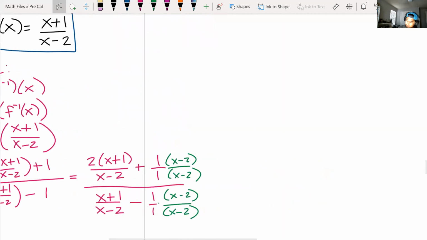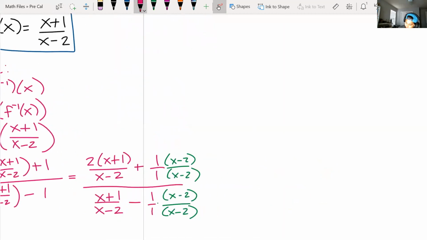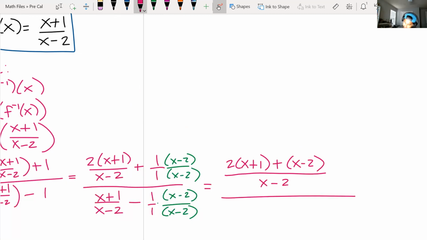Now we're on our way. And now we get 2 times x plus 1 plus x minus 2 over the same denominator of x minus 2 over x plus 1 minus x minus 2 over the same denominator.